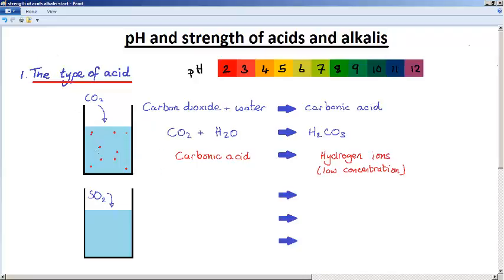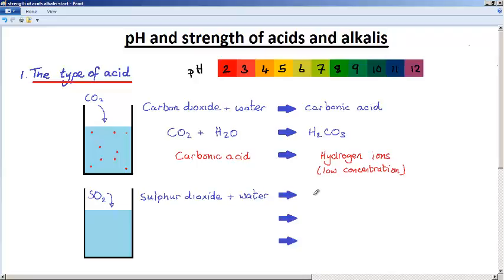Now if we take another gas like sulfur dioxide, we find that when you bubble that through water, it's much more soluble than carbon dioxide, so nearly all of this gas dissolves. Now when this happens, the sulfur dioxide reacts with water to produce a stronger acid called sulfurous acid. You can watch both of these experiments if you go to the Watch and Learn section in acids and alkalis.